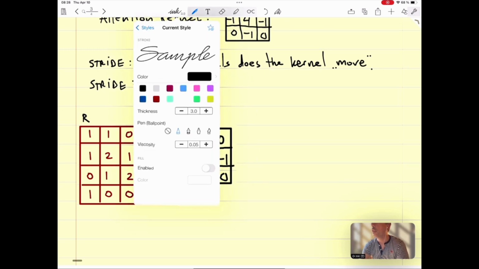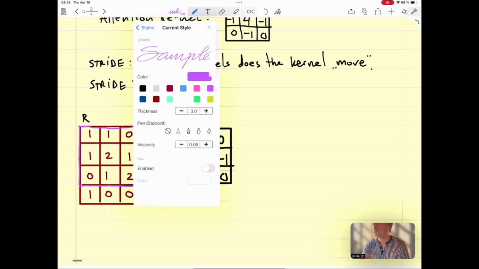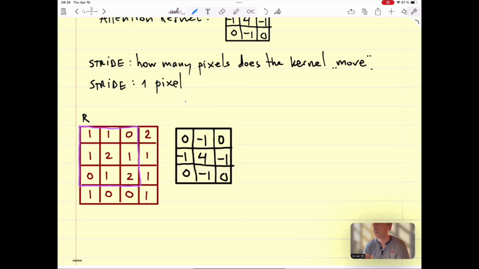In order to do that, please pay attention. We focus on this part. As I said, we make a dot product.